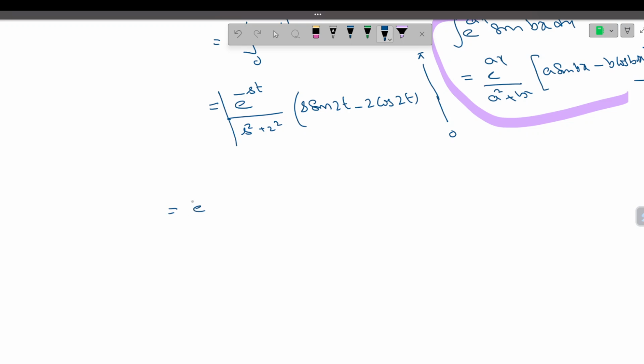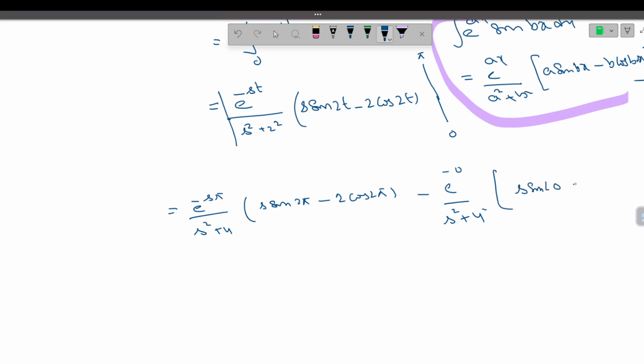Substituting the upper limit: e to the power of minus s pi by s square plus 4 into (minus s sine 2 pi minus 2 cos 2 pi), minus e to the power of 0 by s square plus 4 into (minus s sine 0 minus 2 cos 0).